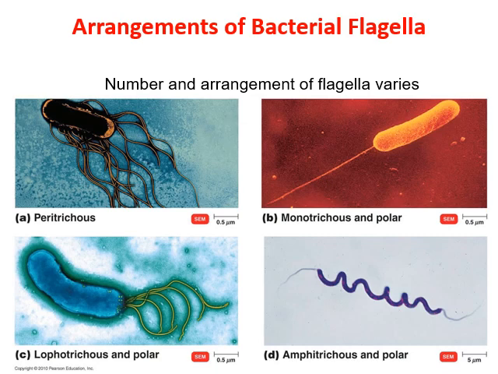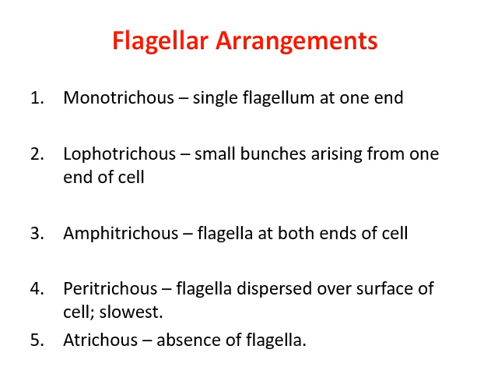And amphitrichous, where there are 2 flagella on both sides of the bacteria. These are the main 4 types. You can also find atrichous, which means bacteria without a flagellum. Here are the 5 types of bacteria according to the arrangement of flagella.